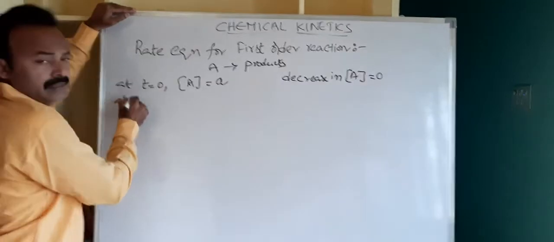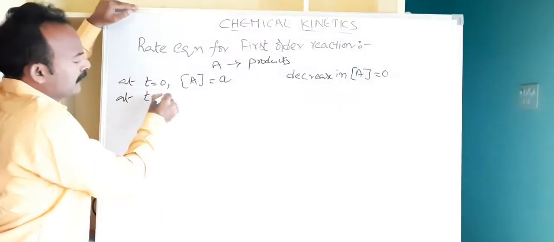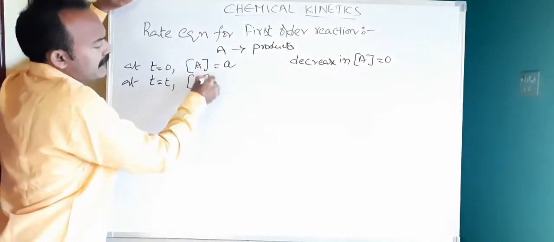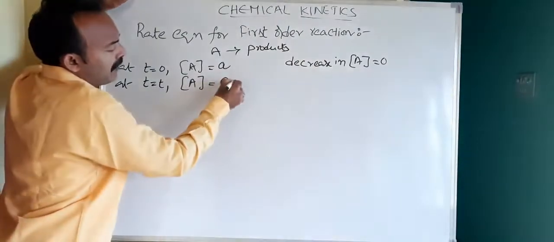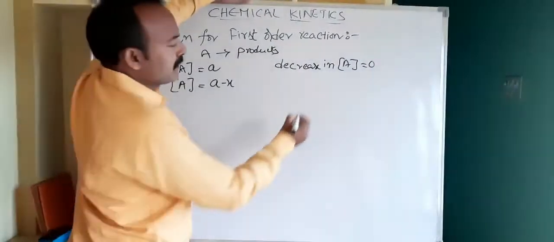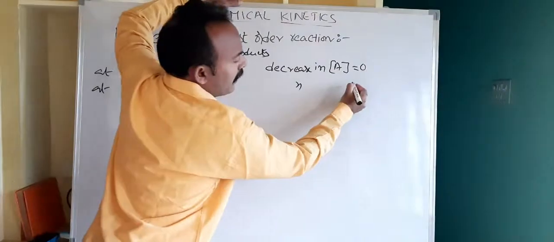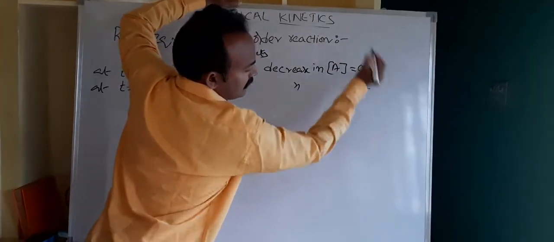At time t is equal to t, concentration of A is equal to a minus x. Hence, decrease in concentration of A is equal to x.